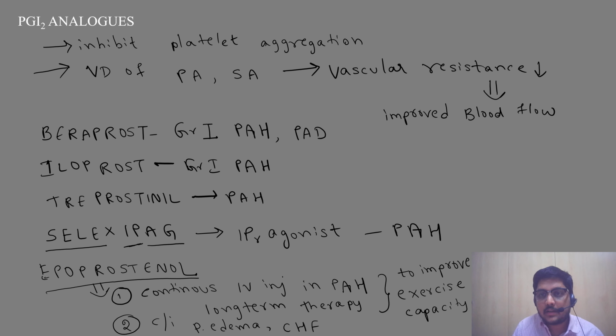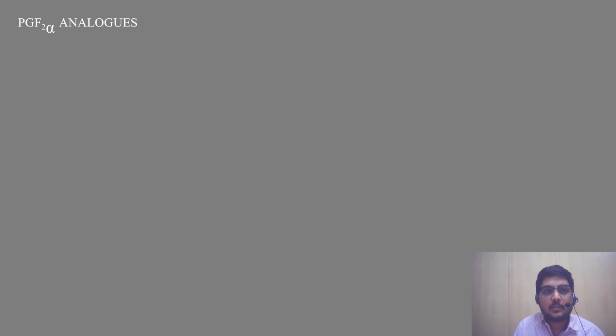So, what are the next group of drugs? PGF2 alpha analogs. What are these PGF2 alpha analogs? Carboprost. It is a very powerful drug to stimulate uterine contractions. That's why carboprost is not used in first trimester medical termination of pregnancy.